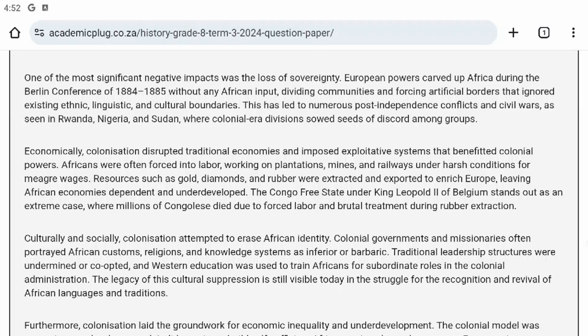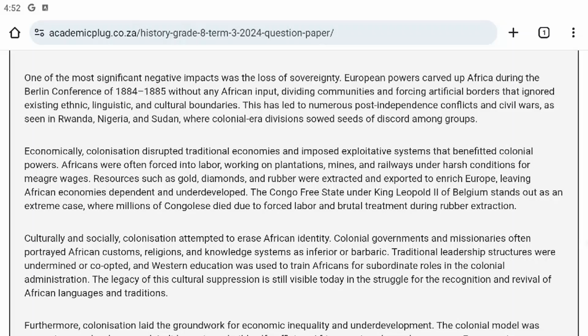Okay, so let's reread this point because this is what I want to show you with regards to the cramming assistant. It says European powers carved up Africa during the Berlin Conference of 1884 to 1885 without any African input.